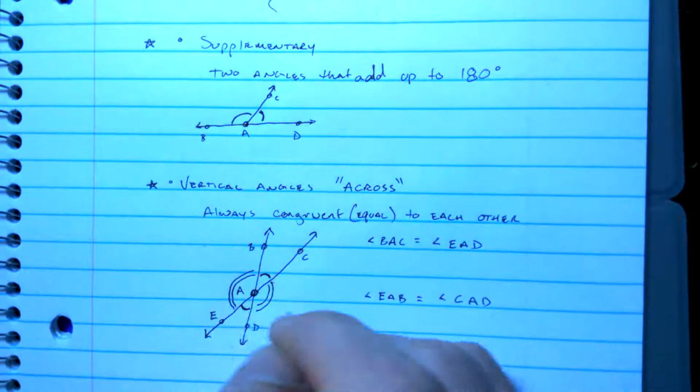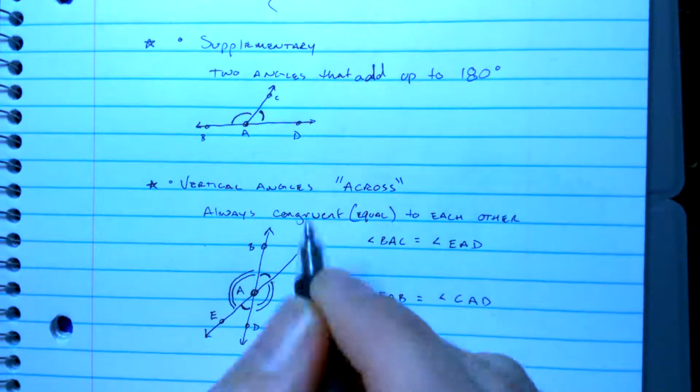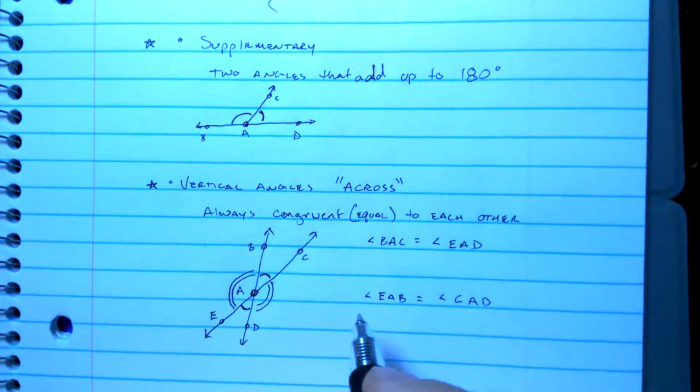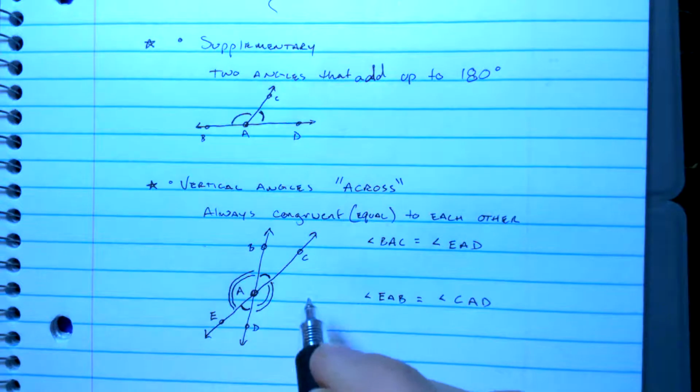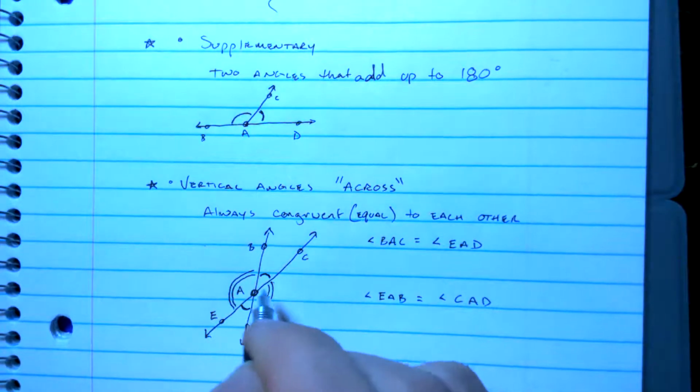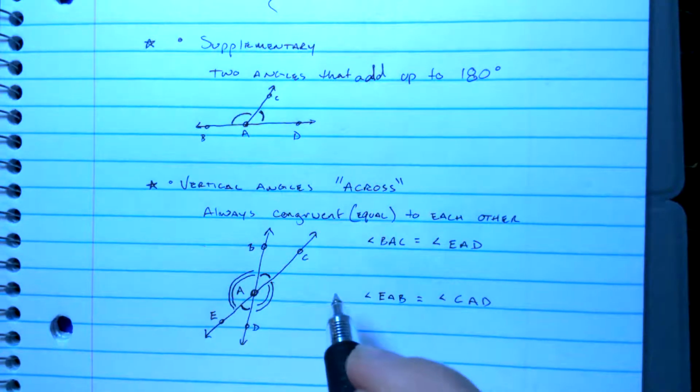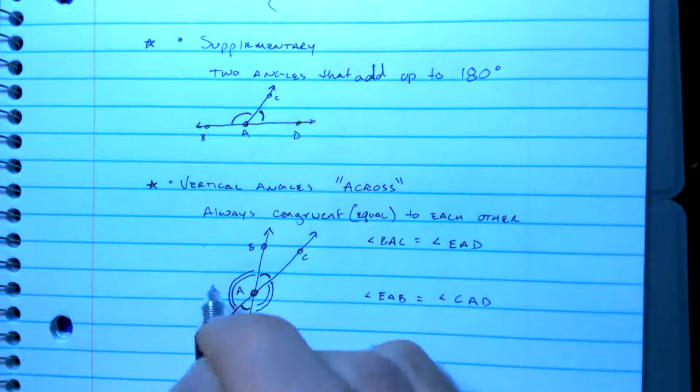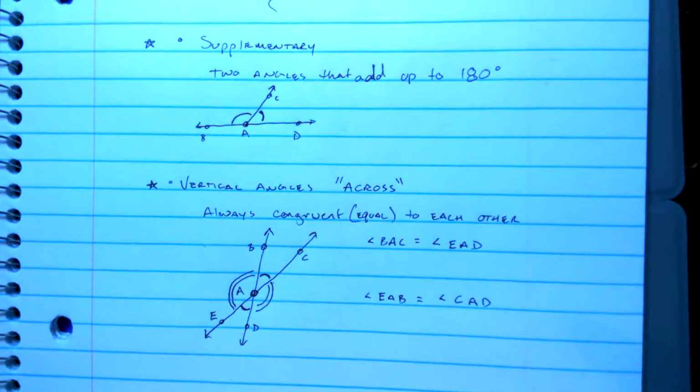Now, they don't call them horizontal angles, right? Because vertical is up and down, horizontal is side to side. They don't call them horizontal angles. They're all vertical angles. They all share that relationship. That's why I like to throw in there that we have a cross relationship.